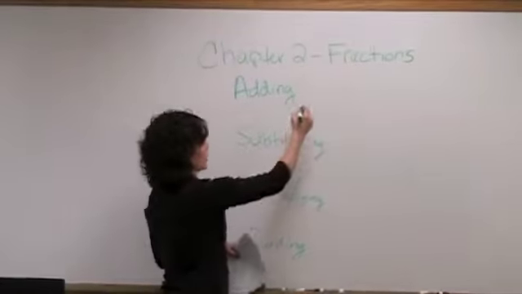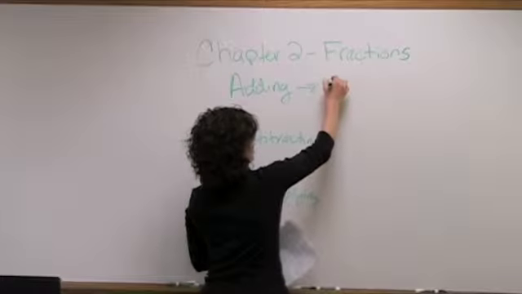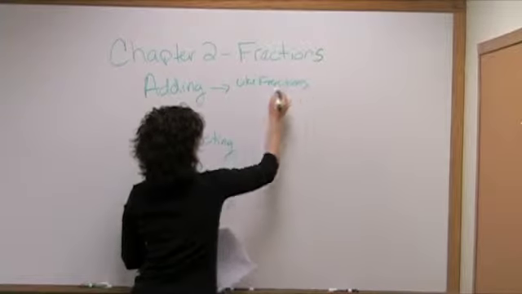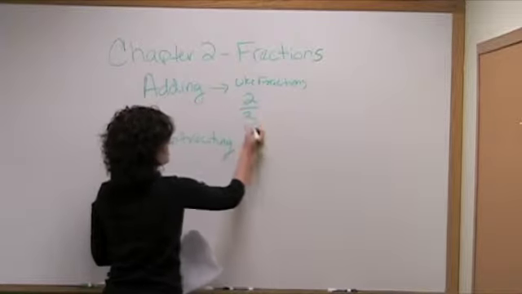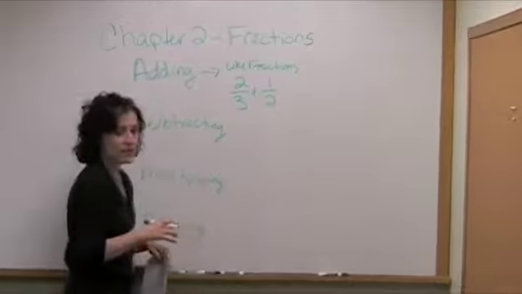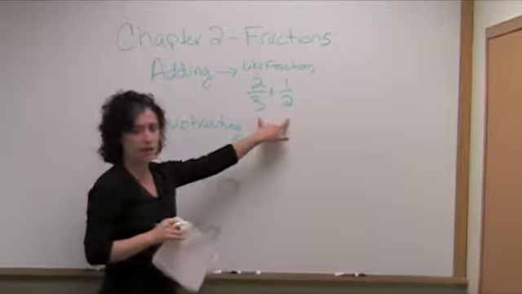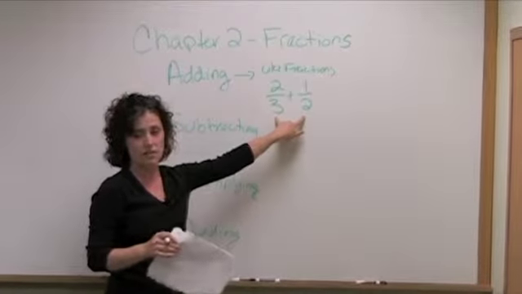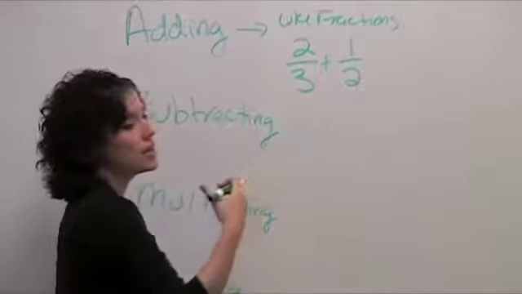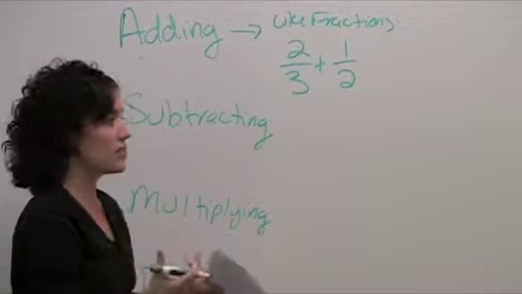Okay, when you add, you have to add like fractions. So if I have 2/3 and I have 1/2, and I need to add these, I cannot add these two together because my denominators are not the same. I have to convert this fraction or this one into higher terms so that they are like.